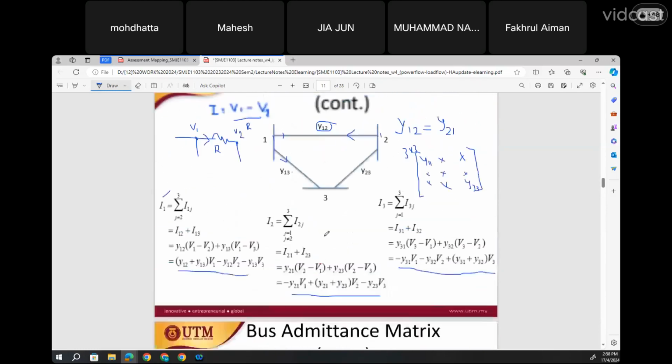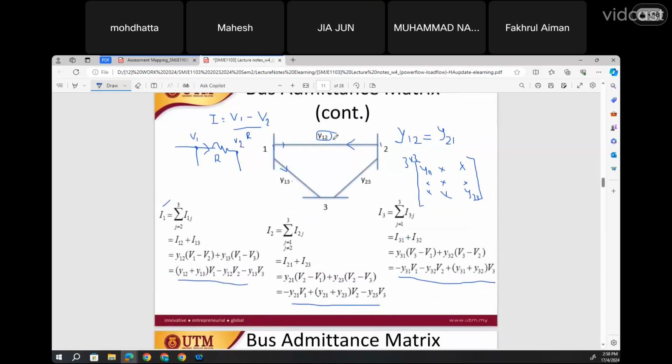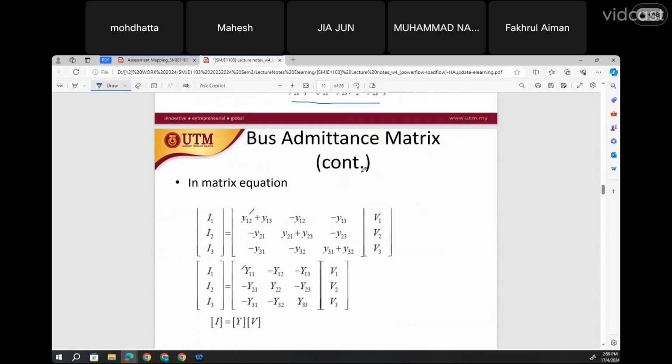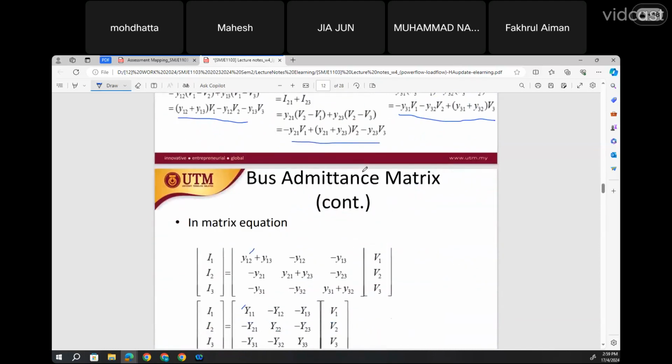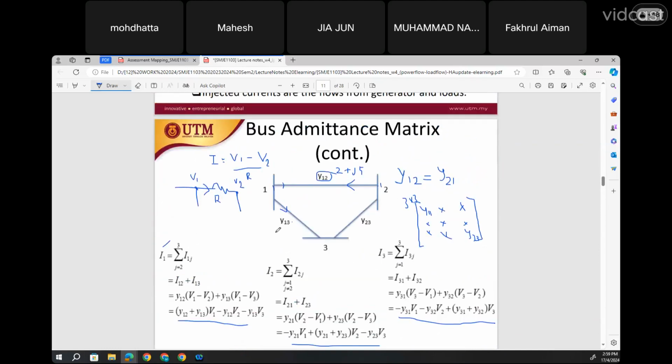Let's say I have this Y12 as 2 plus J5, and Y13, let's say, is 1 plus J1.